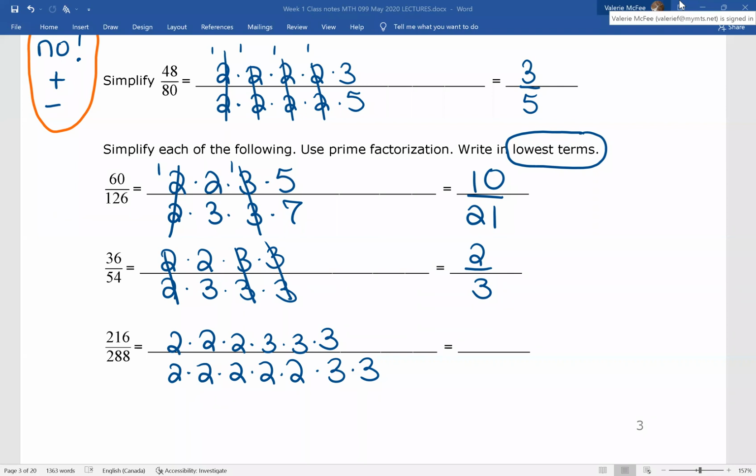Now you might have noticed that these are numbers that we prime factored earlier, so you can be sure that you were right after you're finished. Paying close attention, we can see that this simplifies to 3/4.